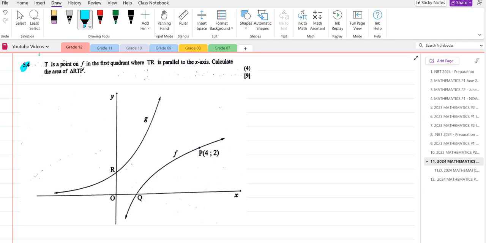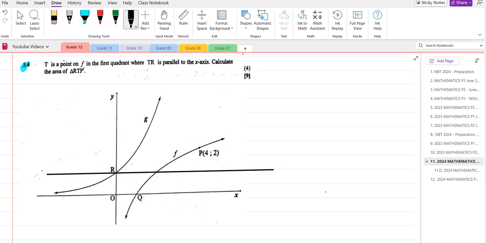T is a point on f in the first quadrant, where TR is parallel to the x-axis. Remember, TR is parallel to the x-axis.